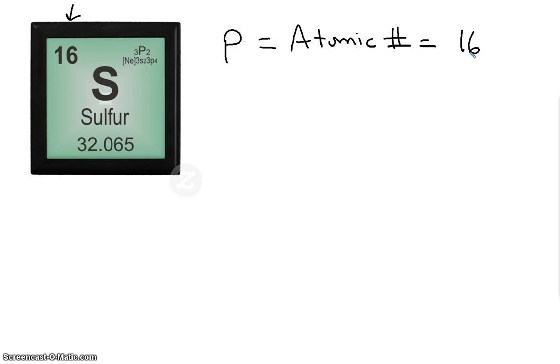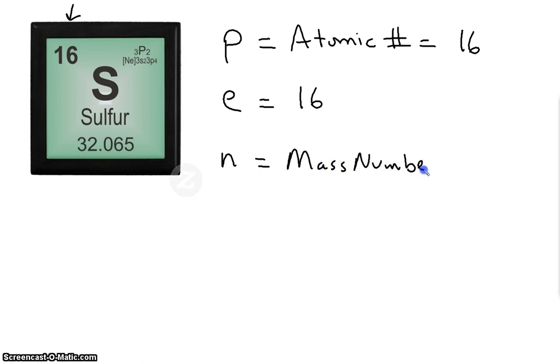Which subatomic particle should be next to get? Well, if we remember that the atom is neutral, the electrons must be the same number, so the number of electrons is also going to be the same. And in this case, neutrons is going to be the mass number minus the atomic number.